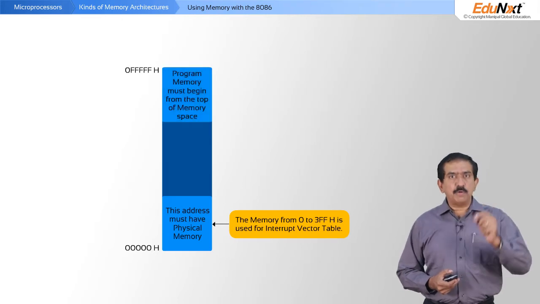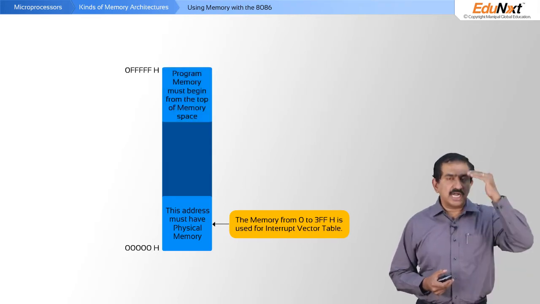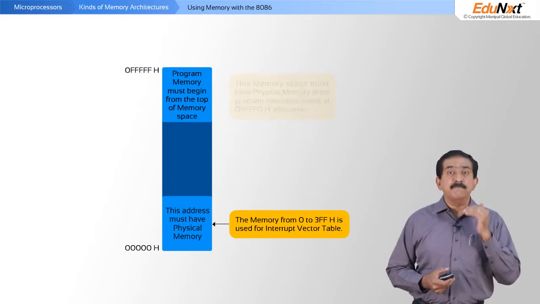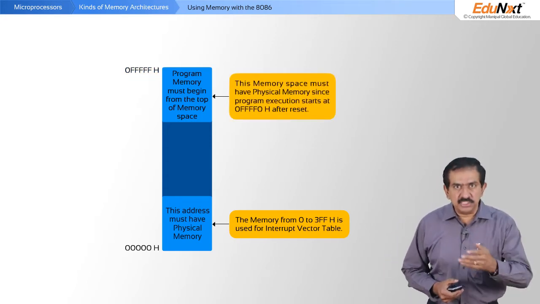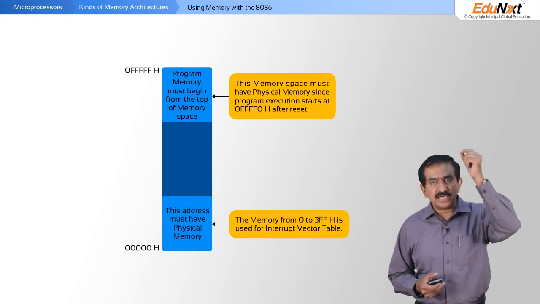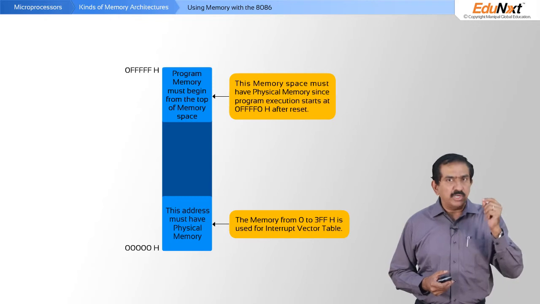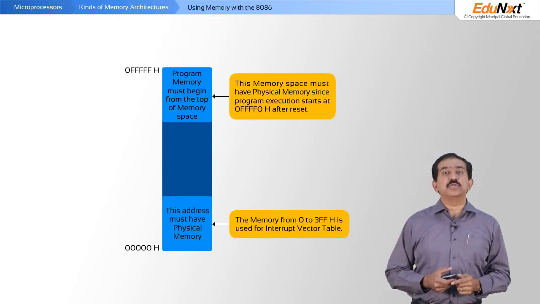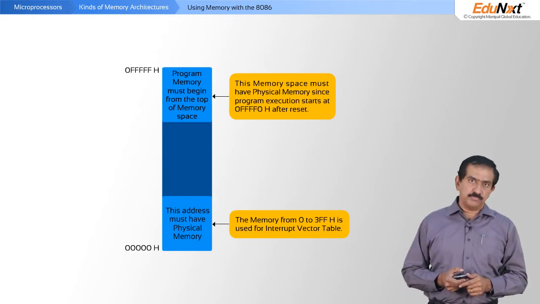Similarly, the top of the memory, starting downwards from FFFFF hex, must have physical memory. The reason is that at the time of reset, the processor automatically jumps to FFFF0 hex and starts executing from that location onwards.